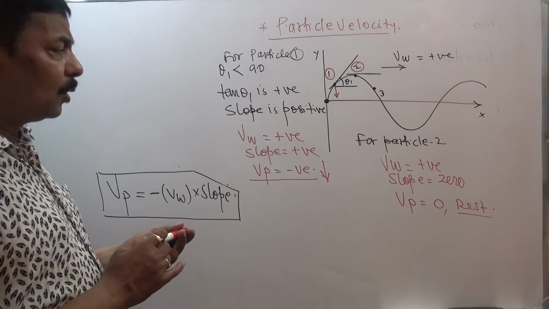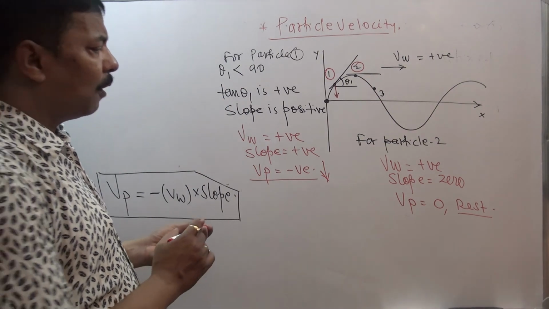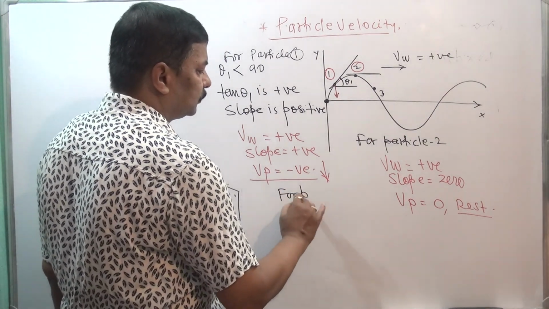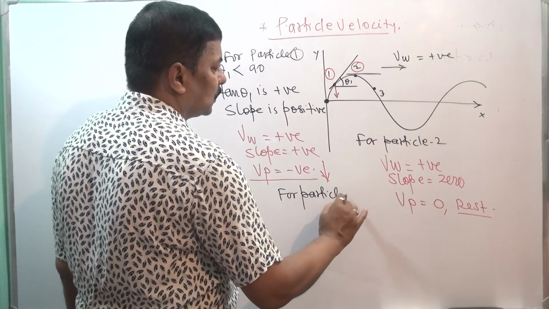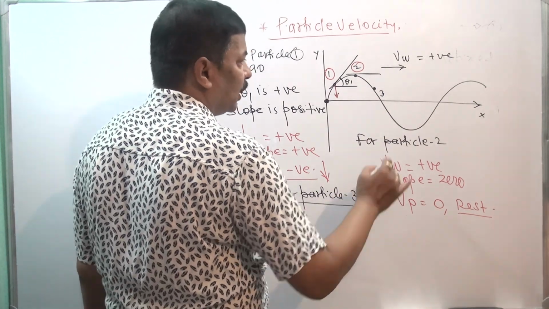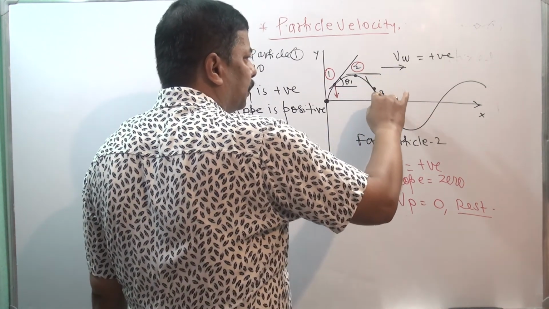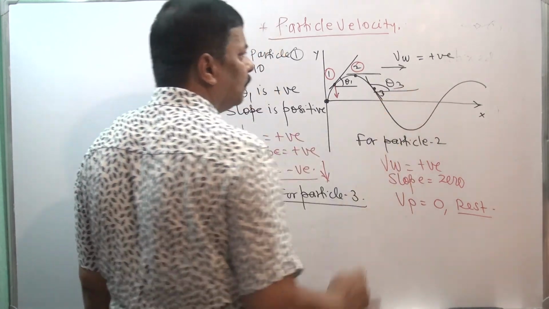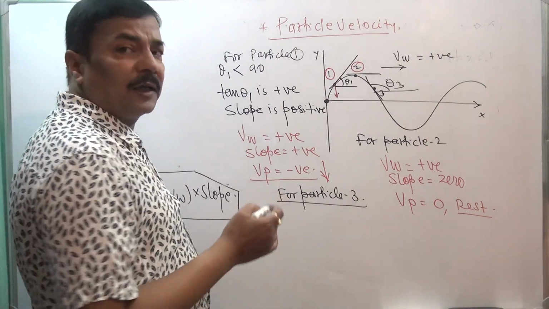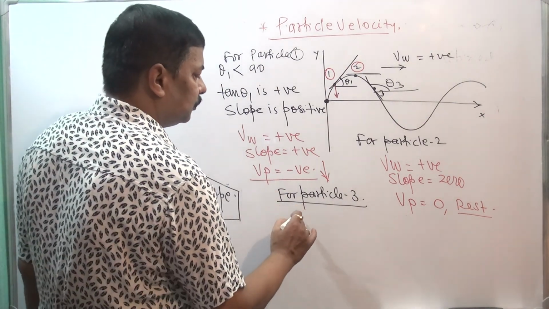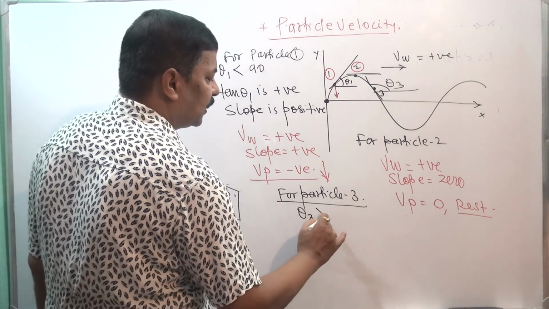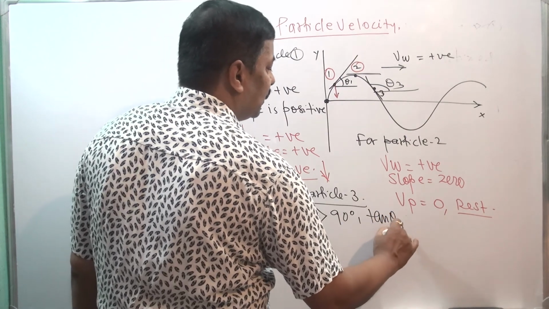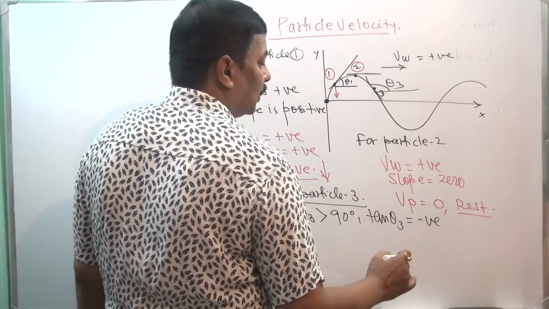Now if we talk about the third particle, for particle 3, you see, here I am taking the slope, this value, theta 3. Theta 3 is greater than 90. So tan theta 3 is negative.